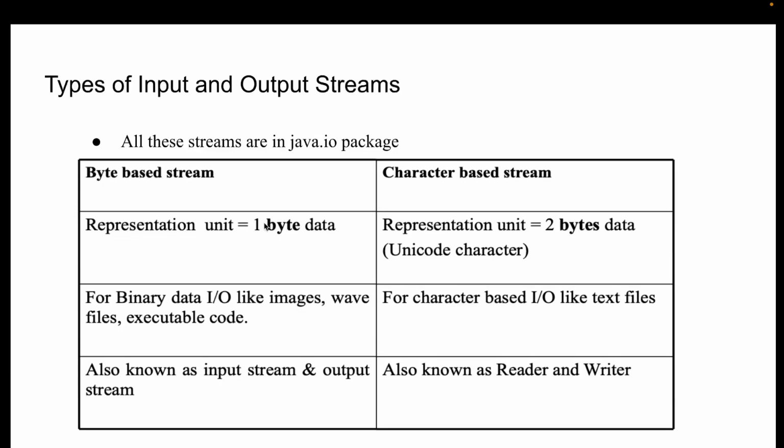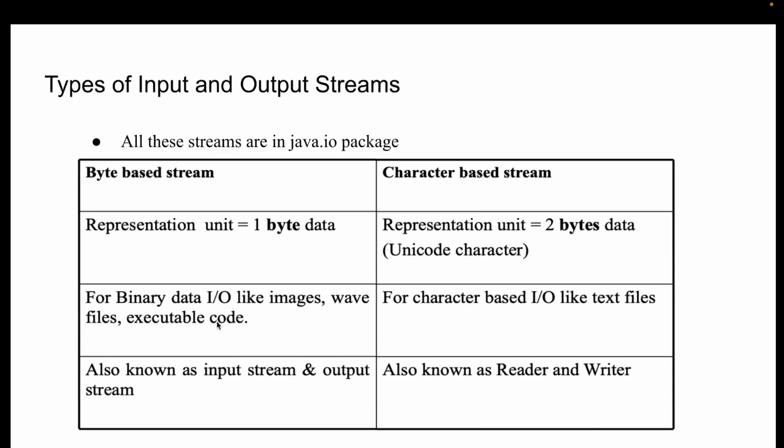So byte based stream basically takes 1 byte of data, the representation unit is 1 byte, and character based stream is basically 2 bytes. And when we want to perform some operations on images or, let's say, executable code, then we will go for byte based stream.